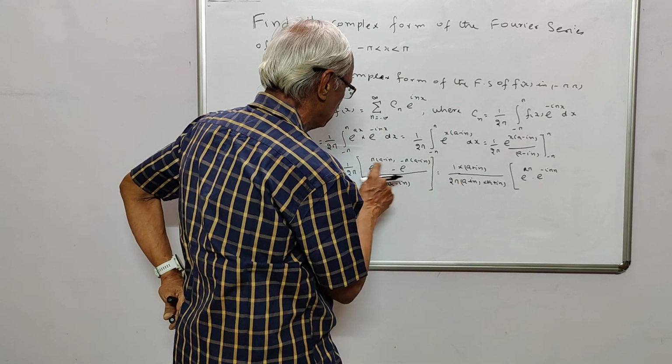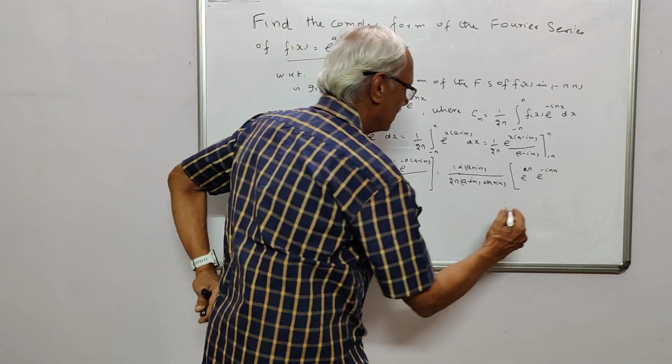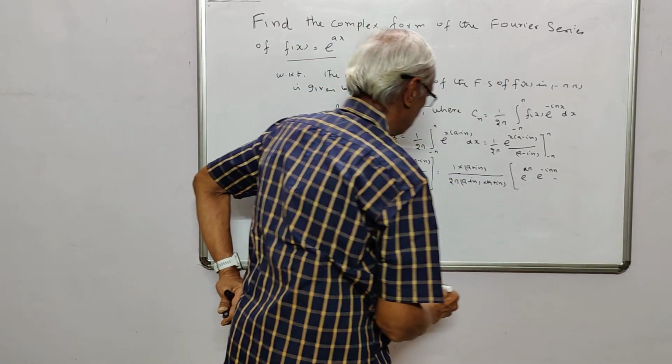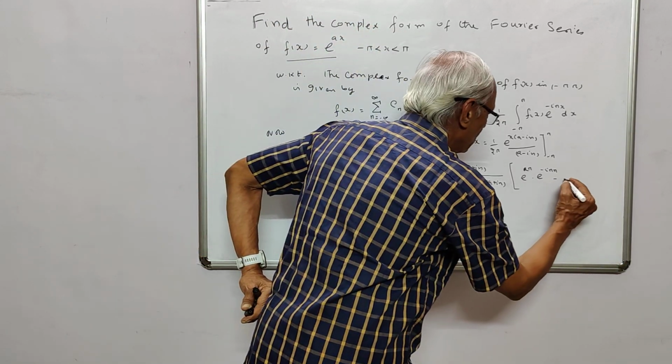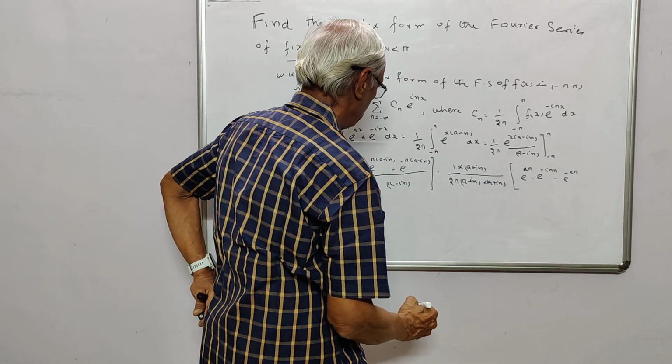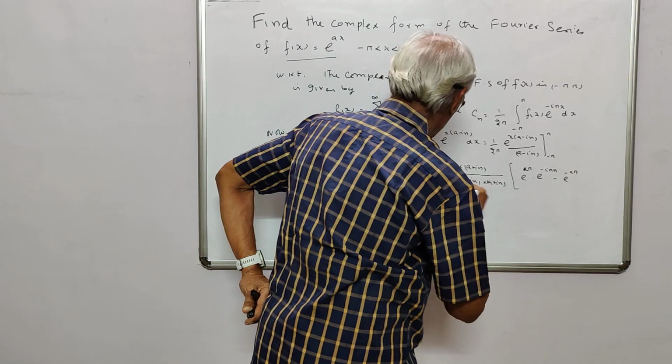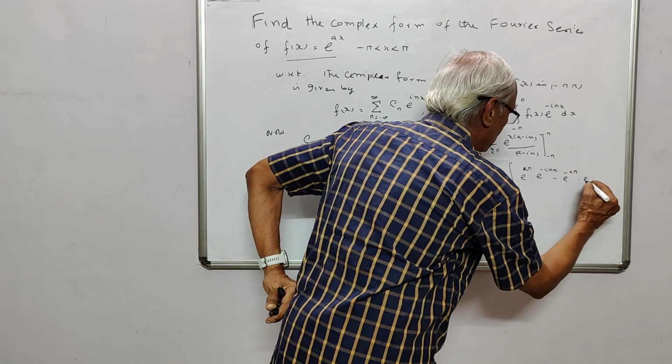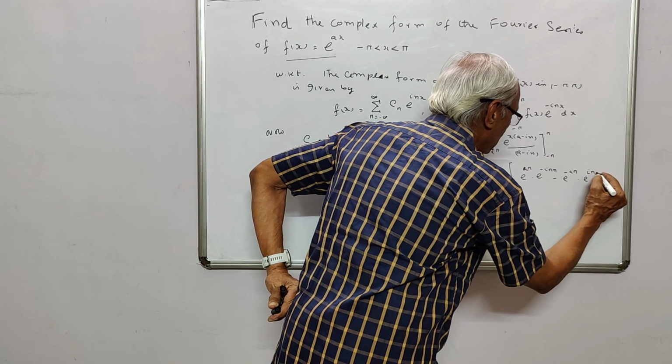See here, you take this pi inside, then it is minus e to the power of minus a pi, then you take this minus sign inside, it will be e to the power of i n pi.